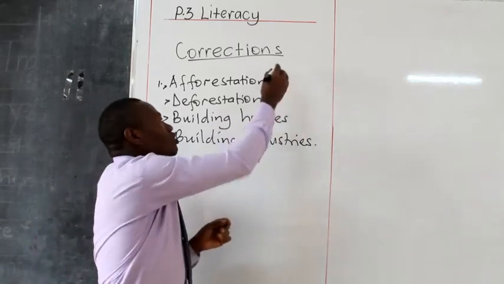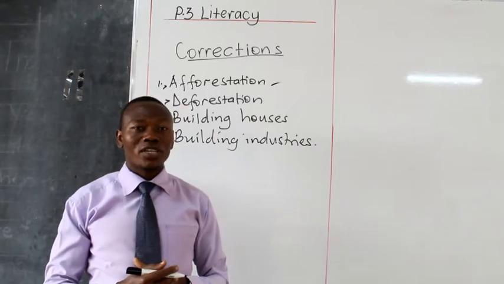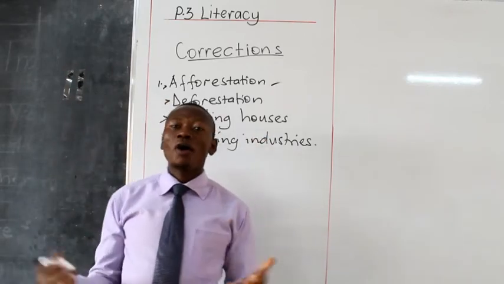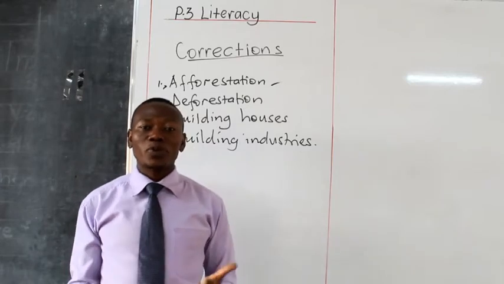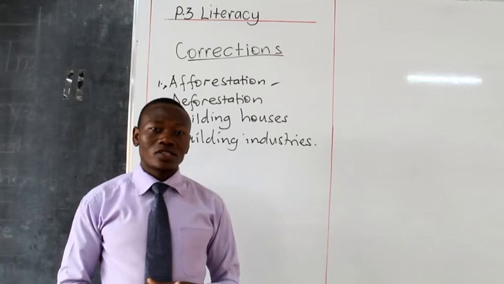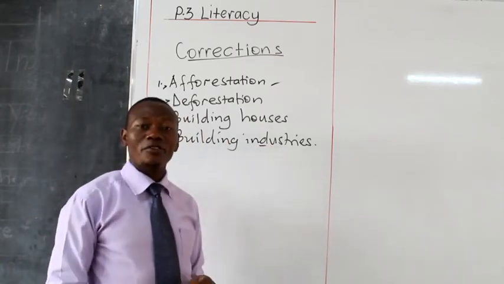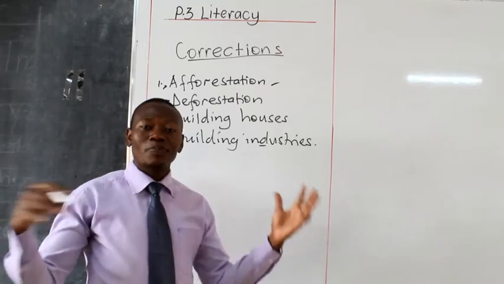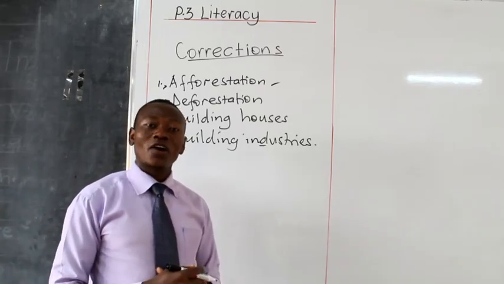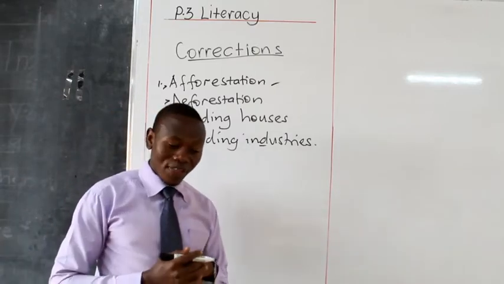So afforestation is good, but deforestation is bad because of the things that we talked about. Building of houses, you see how idle land has been put into use through putting up different what? Houses. So this is self-explanatory. Building industry is also a change in the environment, in that it occupies the what? Industries occupy land. Or when they become many, they change the appearance of that area.